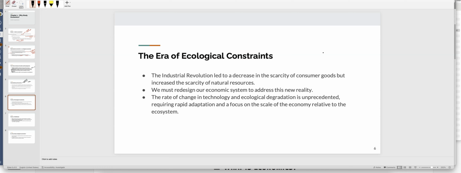So then what we had to do throughout the 1800s and 1900s is we had to redesign our economic system to reflect this more consumer-driven economy, to reflect this scarcity of natural resources economy. And we see that it's especially accelerated after World War II, when the modern industrial society, consumer-driven economy really comes into play.